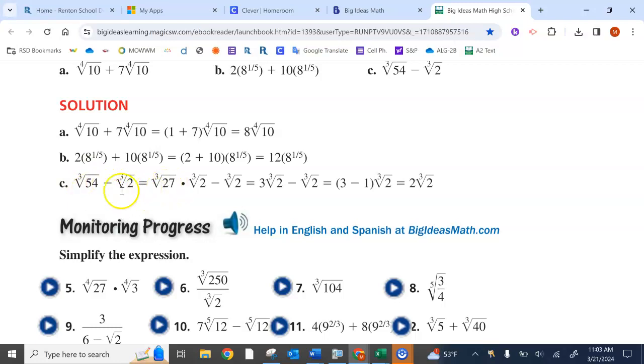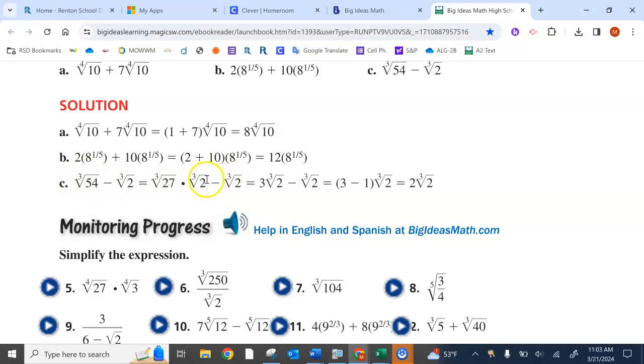So they rearranged 54 as 27 times 2, because strategically they're thinking, what is a perfect cube? 27. Is 54 divisible by 27? Yes, it is. So that's the benefit you get. They re-expressed just this one as these two together as the product.